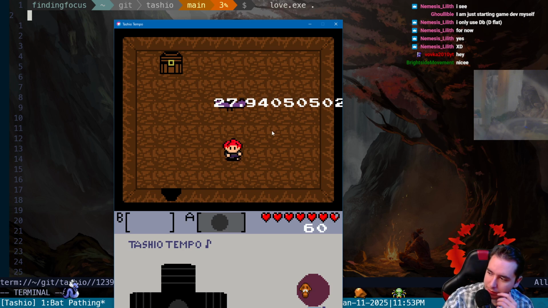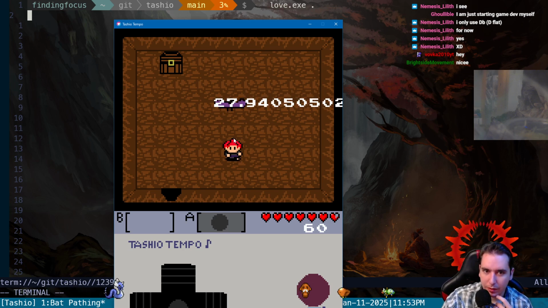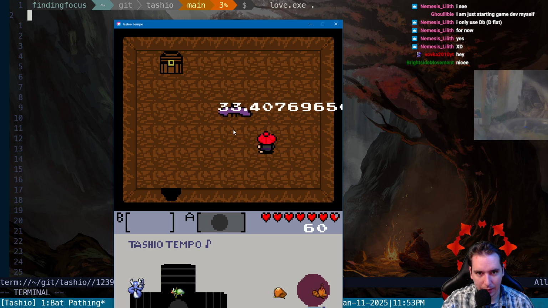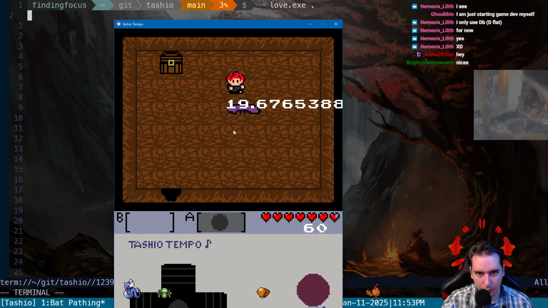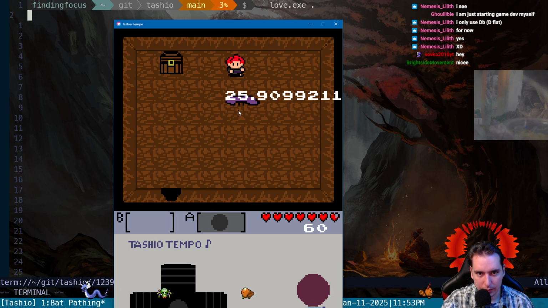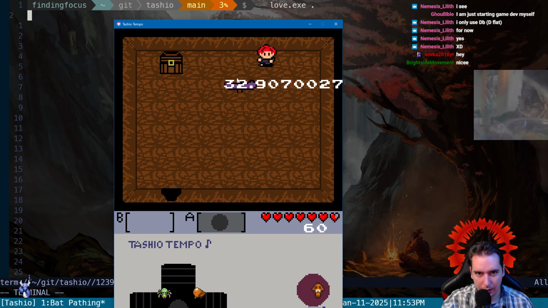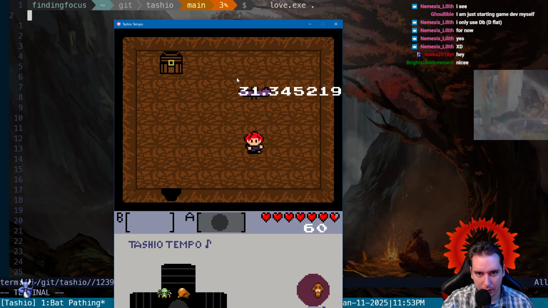Wow, look at how bad that is. That's more than a whole sprite worth of distance between us and the bat when we're beneath it, versus when we're above it, it's just barely one sprite distance. There's just so much more gap here.